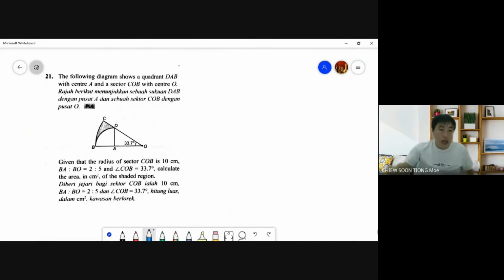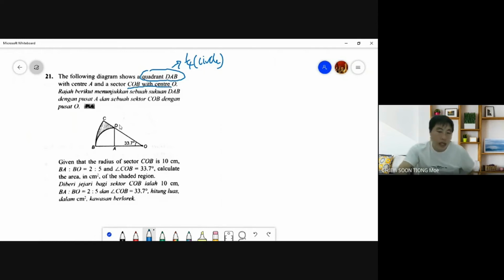The following diagram shows a quadrant. Okay, so we circle the quadrant DAB. Quadrant means 1 over 4 of circle, with a center A and a center COB.